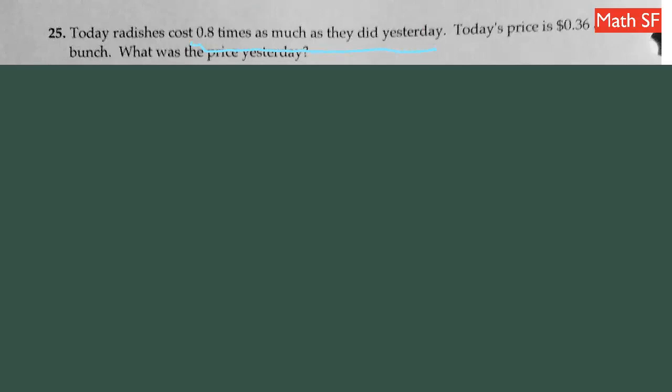So it's going to be 0.8. Times as much as, in our vocabulary, implies a multiplication statement, as they did yesterday. So 0.8 times yesterday is today's price. So today is equal to 0.8 times yesterday's price.